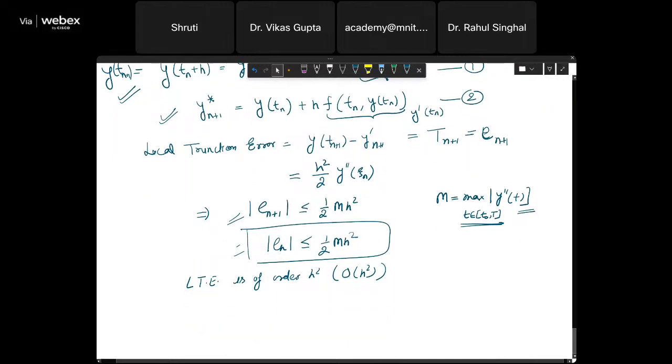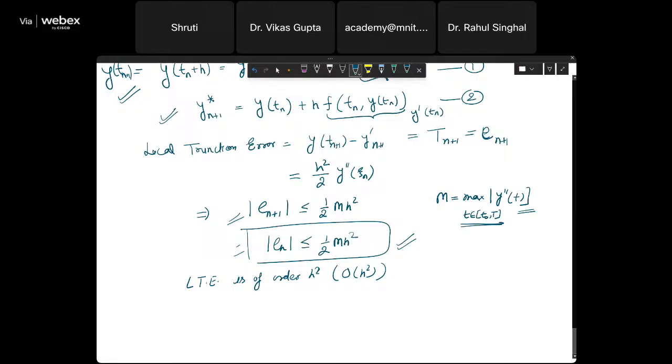But above all these things, the important point here is that this estimation gives us the order of the local truncation error, which is h square. So this is the implication from this estimation.